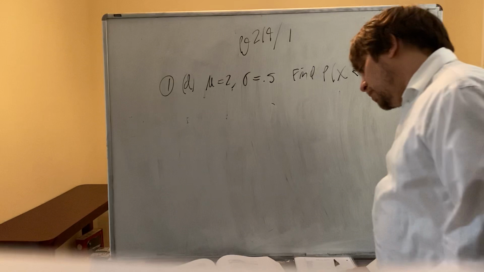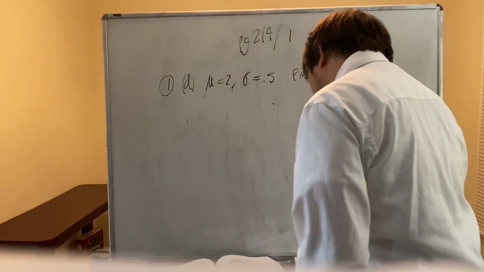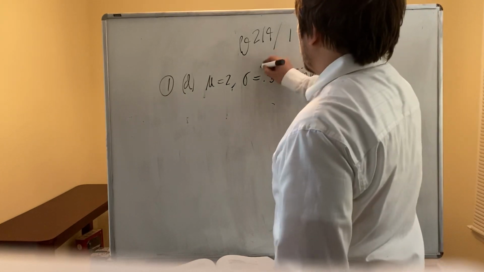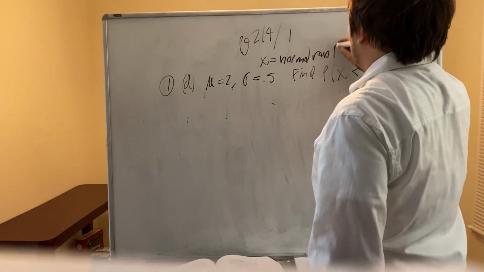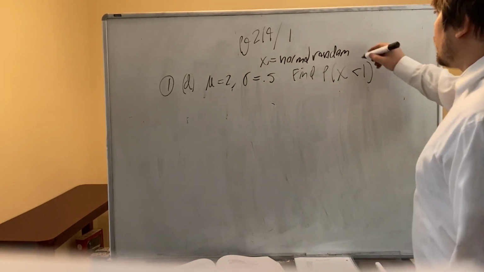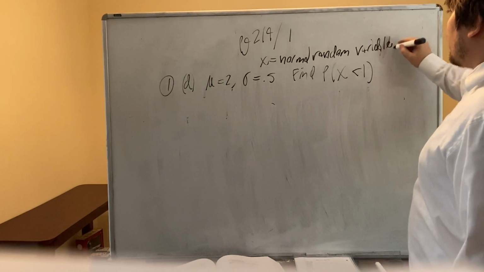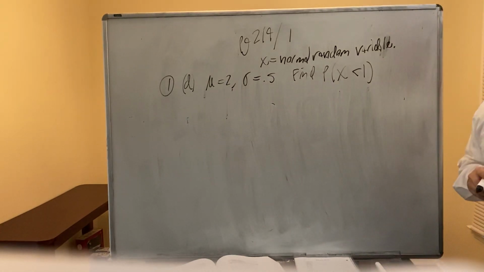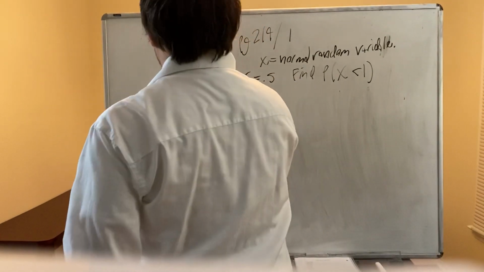Okay, so x is a normal random variable. It has a normal distribution. It's not a standard normal random variable. The table that I gave you is for a standard normal random variable. So we have to convert this x to a standard normal random variable. We can do that.